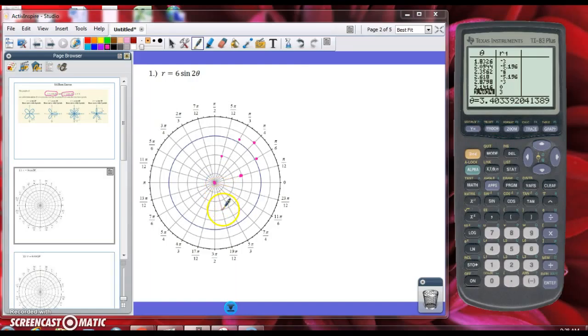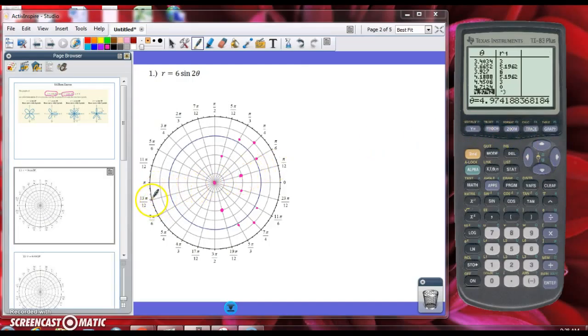So I'm at 1, 2, I'm down here at -3. And then the next one, I'm here at -5.2, and then -6. And you can kind of get an idea of where this is going, right? That takes care of that. And then at pi, we are back at 0. You see 3.14, we're back at 0. Okay? And we can go ahead and look at the next set of values.